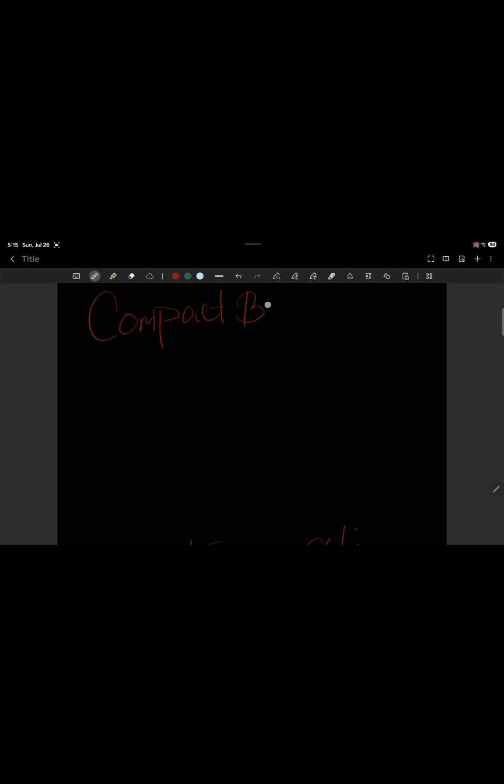Compact bone is the outer, hard part. I will discuss it later and show you what compact bone and spongy bone are so we can understand it better. Compact bone is dense and looks smooth, and then spongy bone. The spongy bone has a spiky, open appearance, like a sponge.